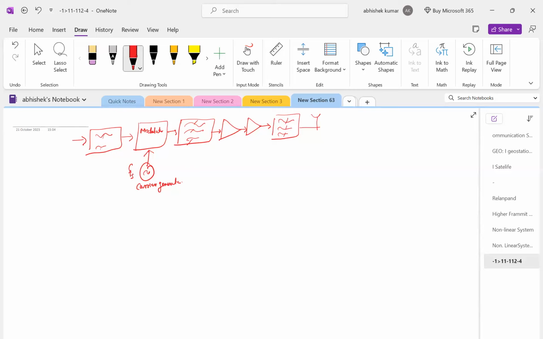The input power is AM and the output power is also AM. It means output versus input. Another system is the AM-PM system, in which the input is power, and in the output you will be getting a phase shift.